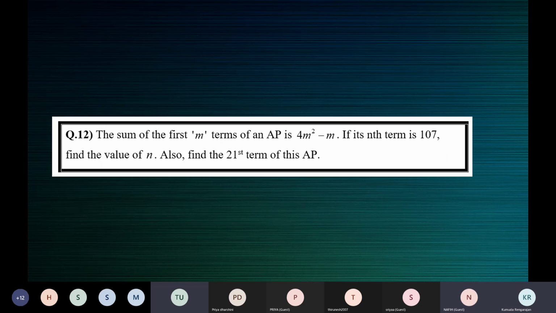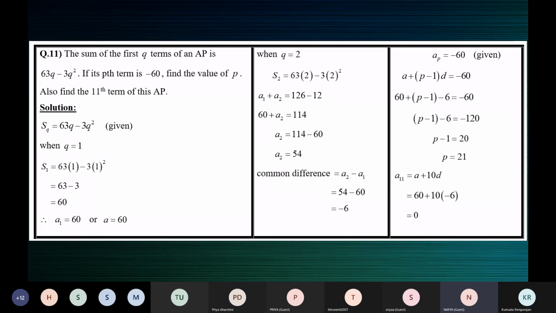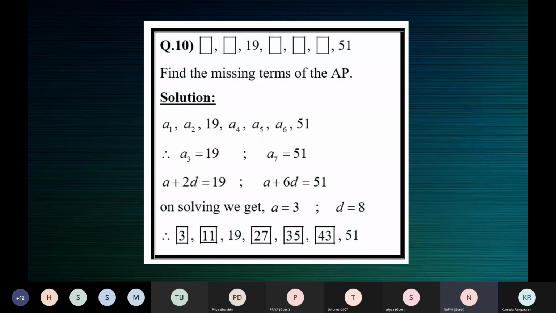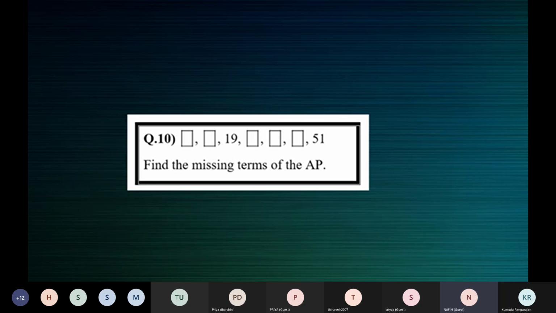Next, children. Can you put the question of the 10th one again? Arna? Can you please show the question of the 10th one again, ma'am? I didn't copy it that time. Thank you, ma'am.